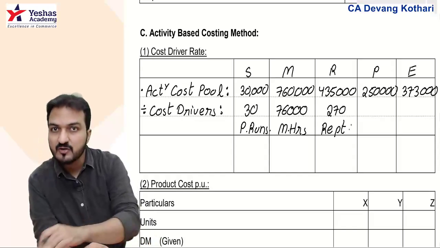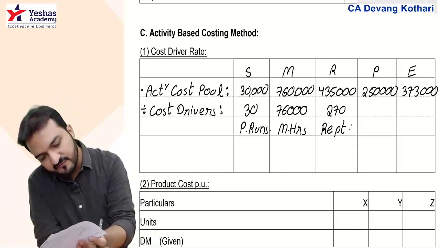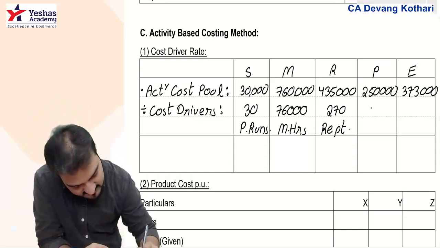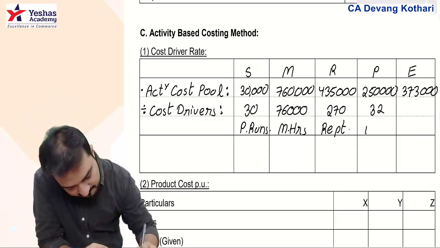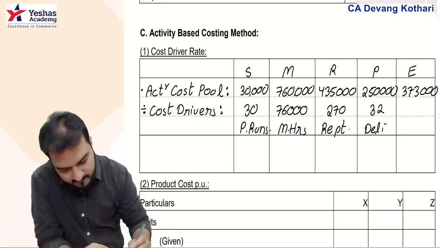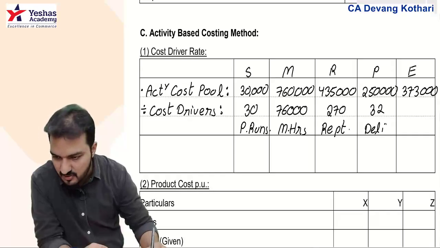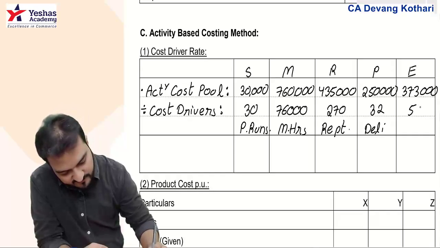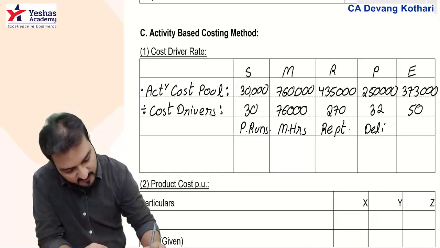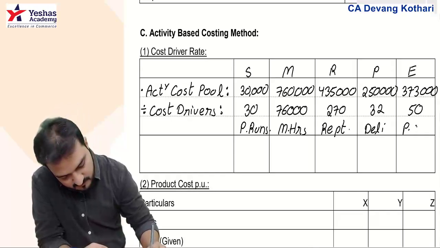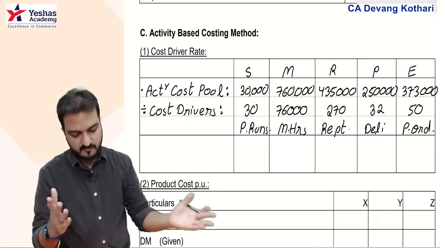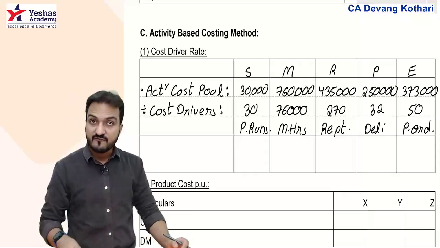Packaging should be based on number of deliveries. Number of deliveries you are given total 32 deliveries. And engineering cost will be based on number of orders, which total you are given as 50 orders. This would give you your cost driver rates.